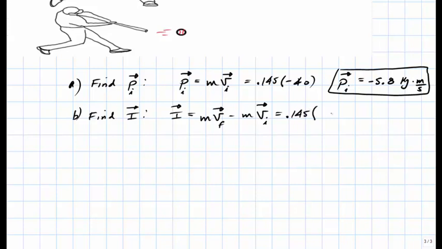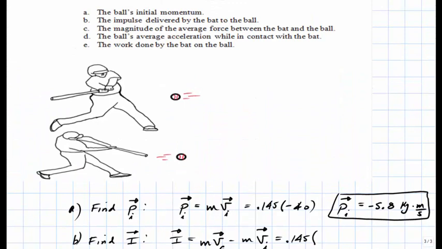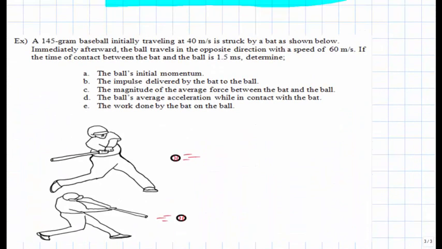The final velocity, let's take a look at that. The final velocity equals 60 meters per second, and of course the ball is traveling towards the right, and so the 60 will be entered in as a positive value.